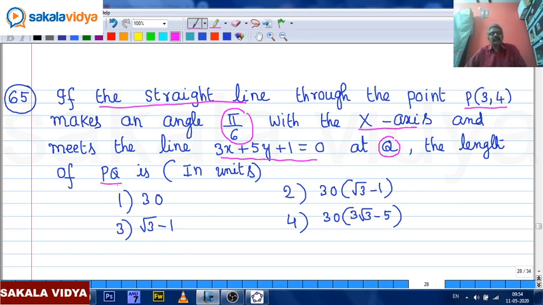Get the equation of the line. Solve it with 3x plus 5y plus 1 is equal to 0. We get the Q point. P point is already given, 3, 4. If you find the distance between P and Q, you get the answer. This is one of the methods. Otherwise, there is a shortcut method that I will explain.